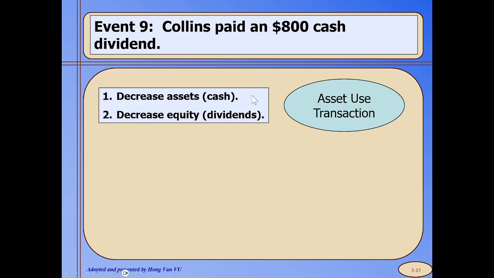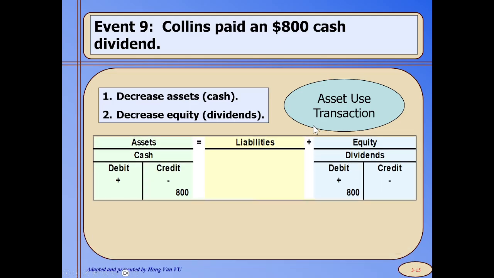So when you pay the cash, this transaction decreases the cash assets account and decreases the equity by increasing the dividend account. It is classified as an asset use transaction.